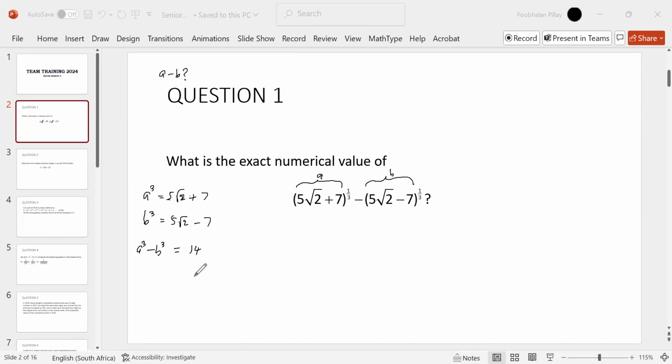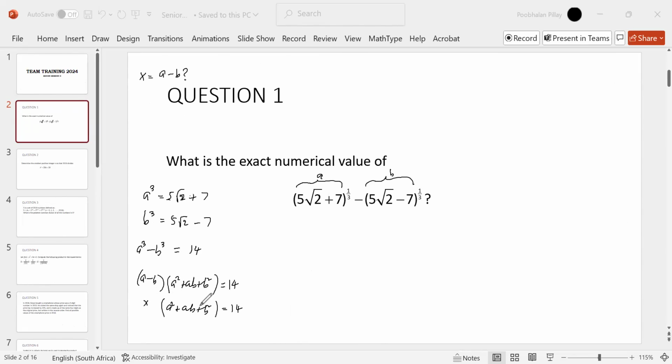Those two cancel, and you get 14. So this is A minus B. This factorizes into A squared plus AB plus B squared equals 14. Okay, we don't know what this thing is. Let's call it X. So X is your unknown. So you've got X here into A squared plus AB plus B squared equals 14.